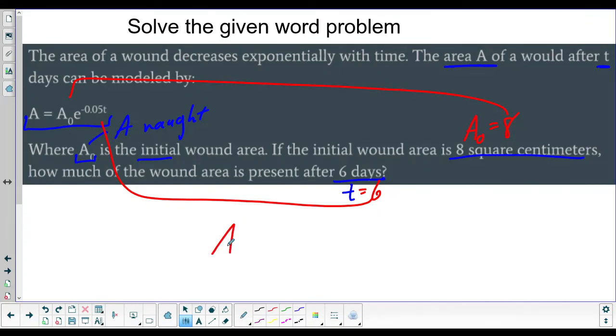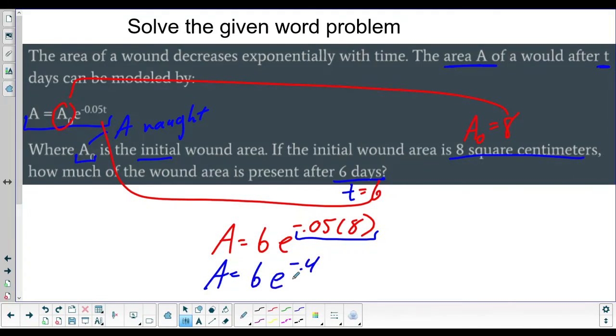So the size of our wound equals the initial size, which is 8, times e to the negative 0.05 times t, which is 6. So again, I'm going to multiply the two numbers in the exponent together first. 0.05 times 6, I get negative 0.3. So we have A equals 8 e to the negative 0.3.